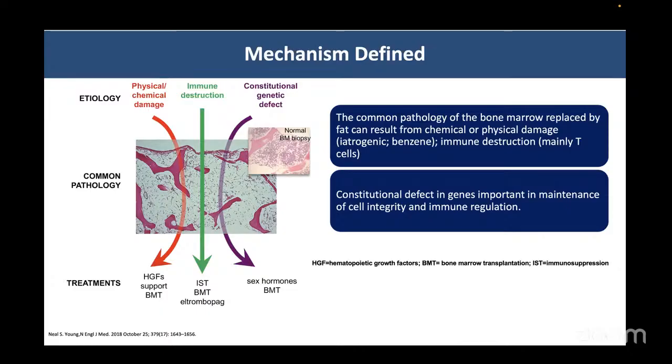Or it can be a constitutional genetic defect wherein we may have to employ different strategies. The immunosuppressants will not work in this situation. So the common pathology is the bone marrow replaced by fat cells, adipocytes, and it can be multifactorial. But depending upon the broader mechanism involved, we have to plan the subsequent treatment.